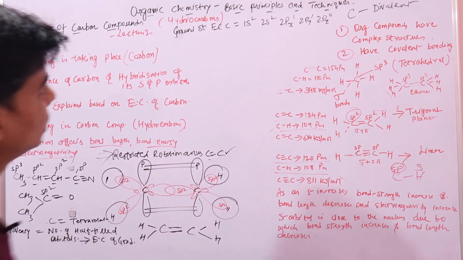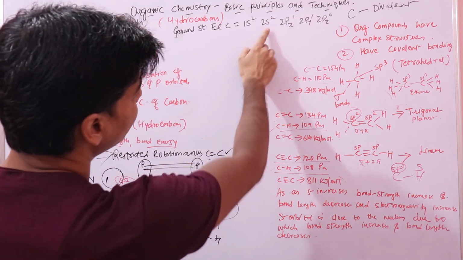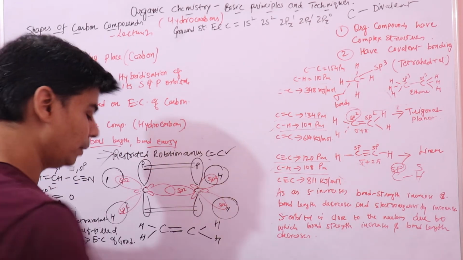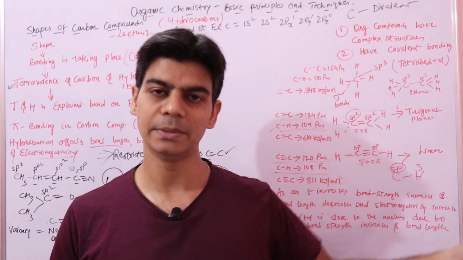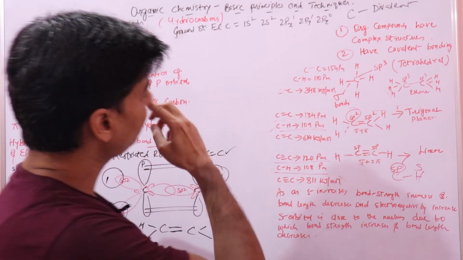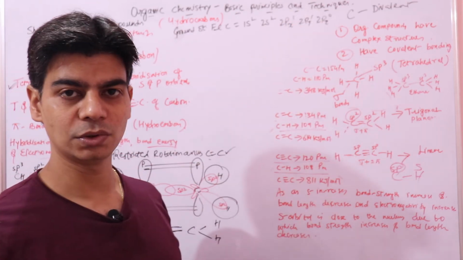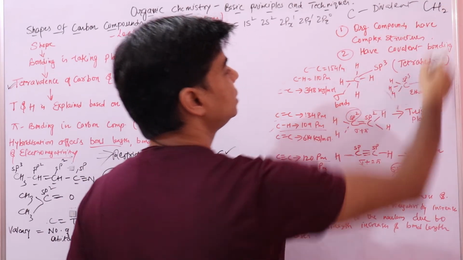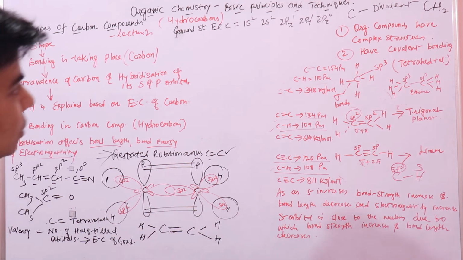Now, to explain the tetravalency: here we have 2 electrons in 2s, here we have 0 electrons in 2pz. When carbon forms bonds with other elements, say hydrogen, ideally based on the ground state electronic configuration it should combine with only 2 hydrogen atoms and form CH2, but it forms CH4, which is the methane molecule.